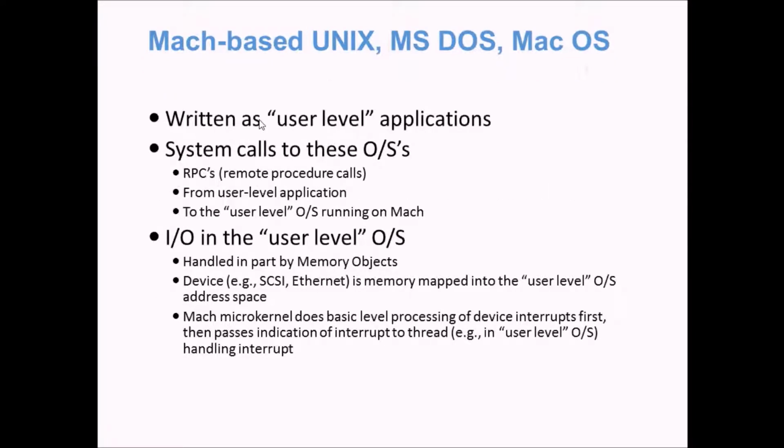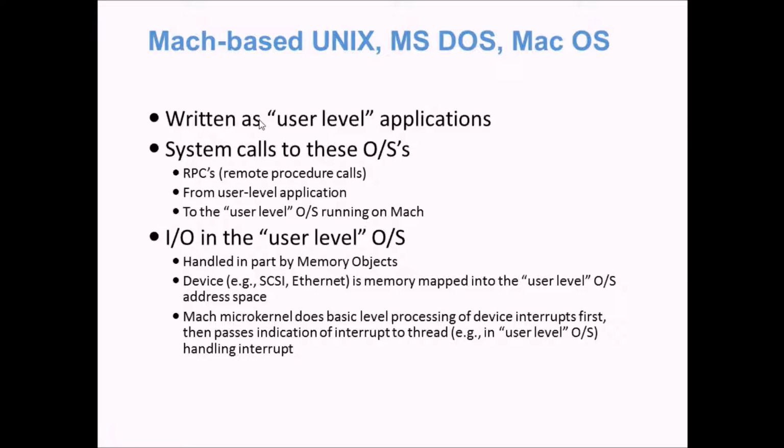Mach microkernel based Unix, MS-DOS, and Mac OS are written as user level applications. System calls to these operating systems are RPCs from user level applications to user level operating systems running on Mach. Input and output in the user level operating systems is handled in part by memory objects.